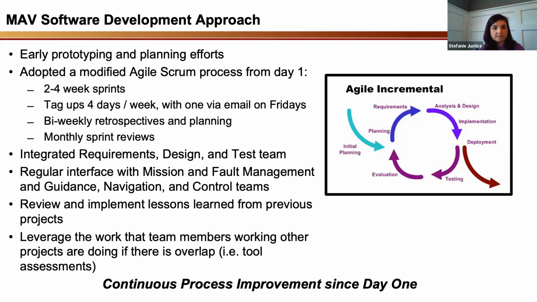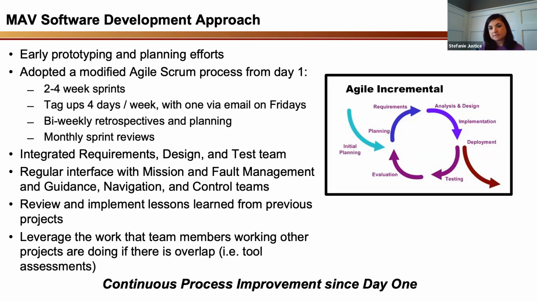And then we've also been able to leverage the work that team members working other projects are doing if there's overlap. One good example of that is that there was another team conducting a trade study on static analysis tools. We weren't quite there yet, but they asked for some support from team members that were working in a Linux environment. And so we've got team members supporting them.